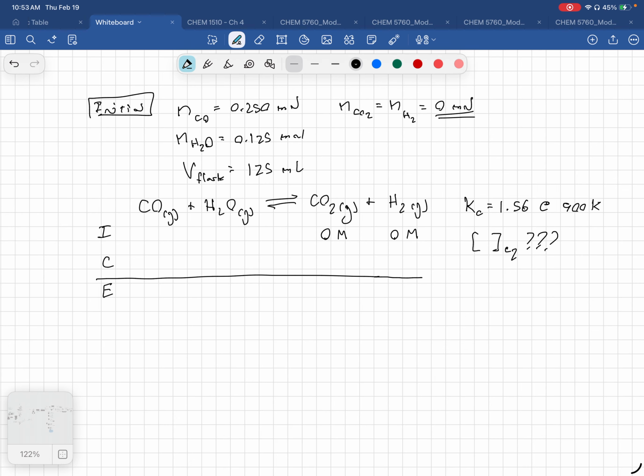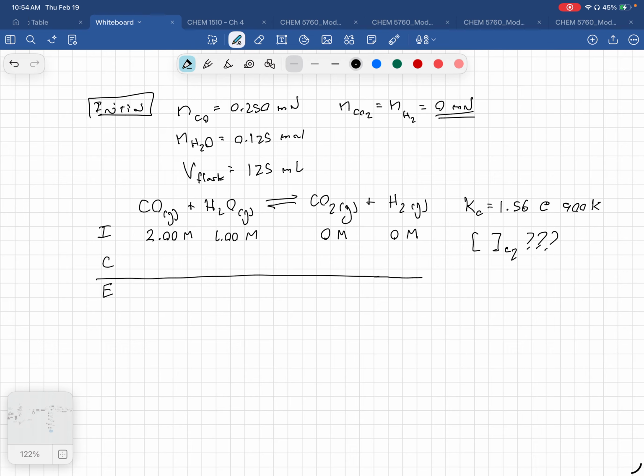For our CO, it's going to be 0.250 divided by 0.125 because 125 mL is 0.125 liters. And so we get 2, but we have to maintain sig figs, so 2.00 moles per liter. And our concentration for H2O is 0.125 divided by 0.125, and that is 1.00 moles per liter.